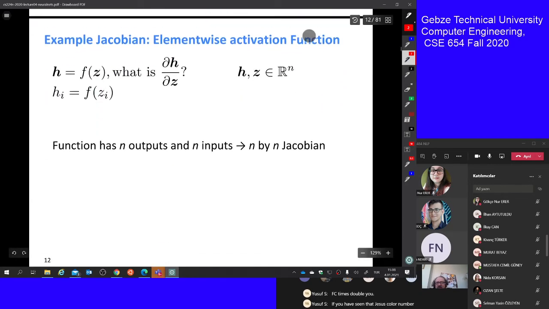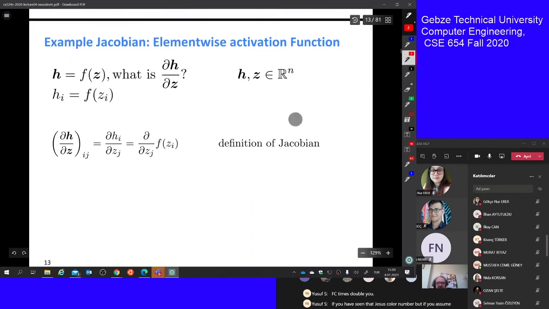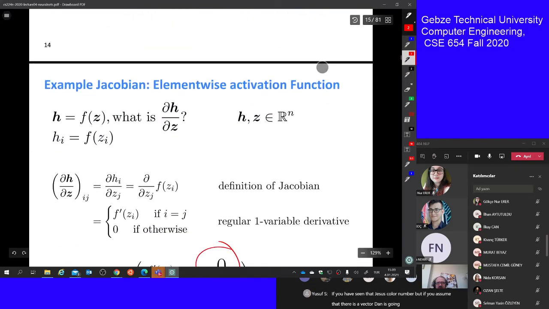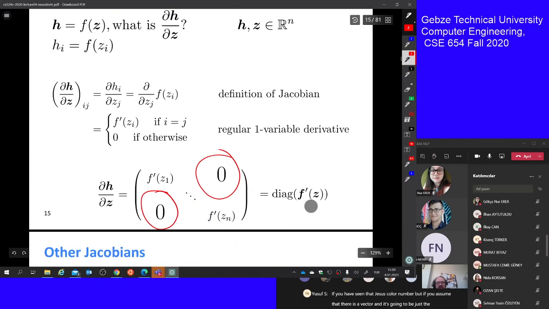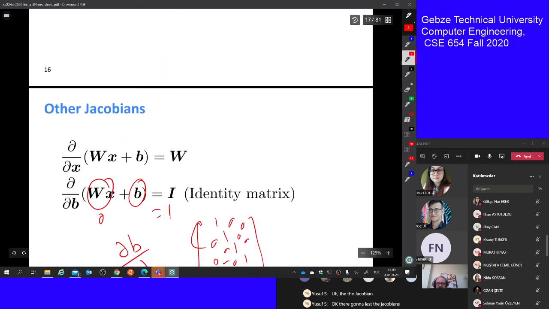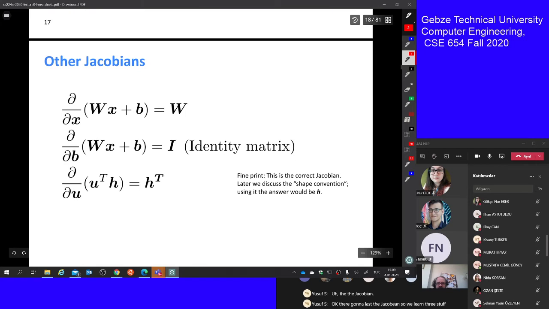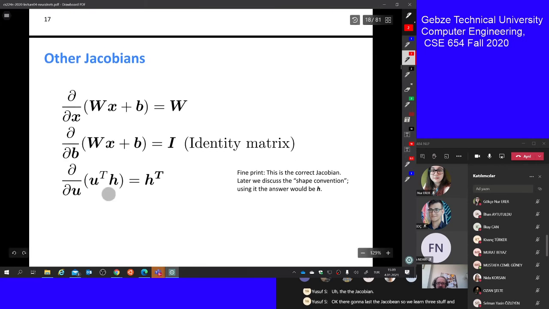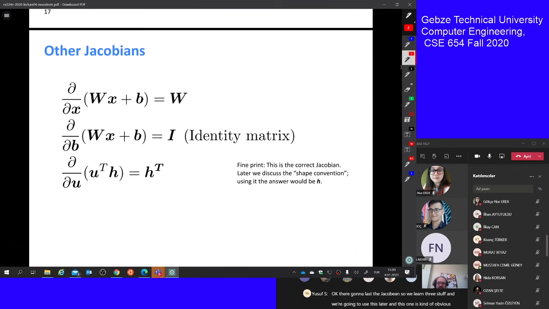But if you assume that z is a vector, then it's going to be just the diagonal of the Jacobian. Okay, diagonal of the Jacobian. So we learned 3 stuff, and we are going to use this later. And this one is kind of obvious, right?